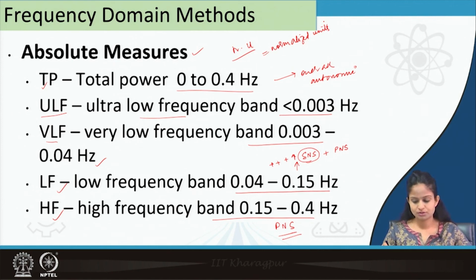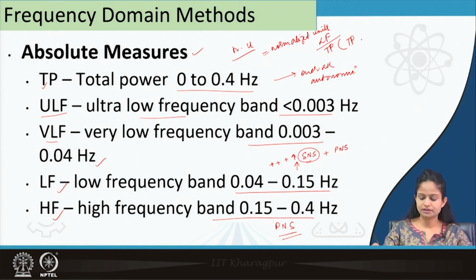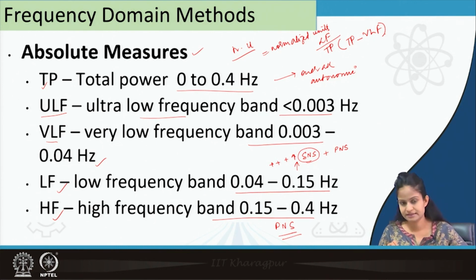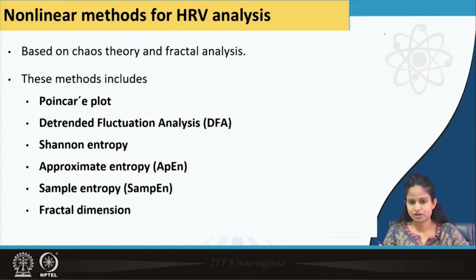So, to check the normalized unit of low frequency, it is LF divided by total power, where the very low frequency is usually excluded. So we can calculate the percentage of power, and check the parameter in normalized units or in hertz. Both reflect the parasympathetic domain, sympathetic domain, or overall autonomic activity in the same fashion.